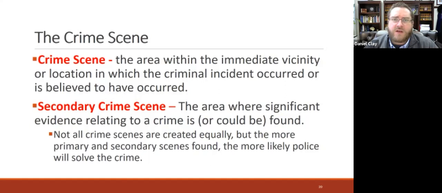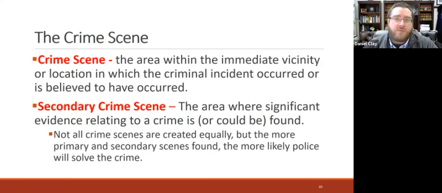Now, we know there's a crime scene out there somewhere where this originally occurred. But there could also be different secondary crime scenes, right? So let's say the perpetrator killed the person in a residential home. That would be the crime scene. The dump site is a secondary crime scene.